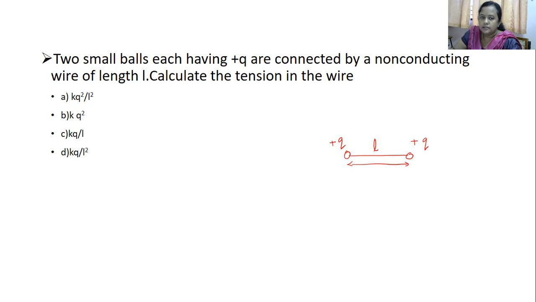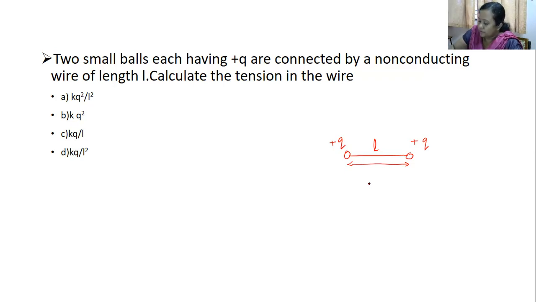We know that two small balls have charge plus Q. Since there is a charge on each of these two balls, there is a force between them. Since both have plus Q charges, the force will be a force of repulsion, because we know that like charges repel each other.